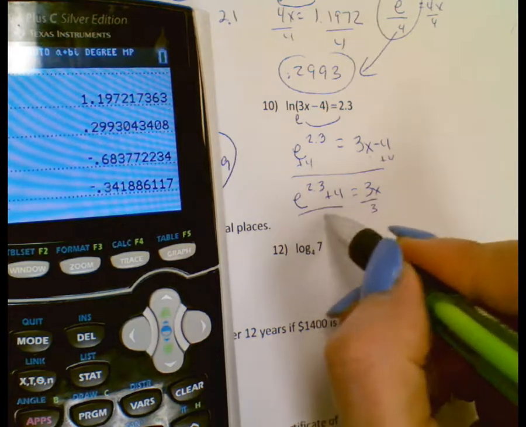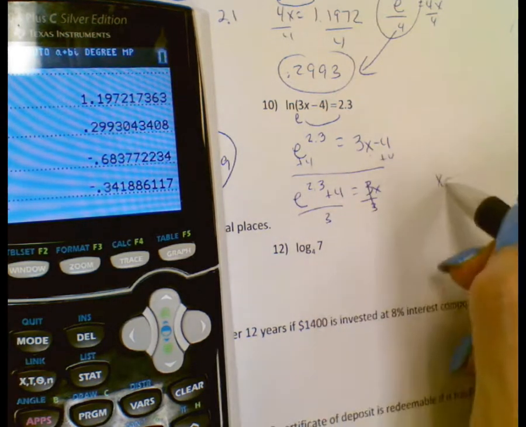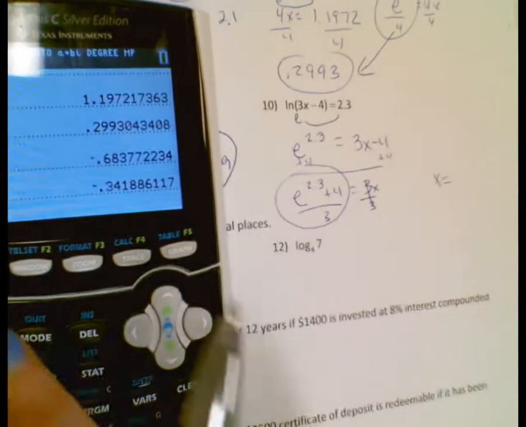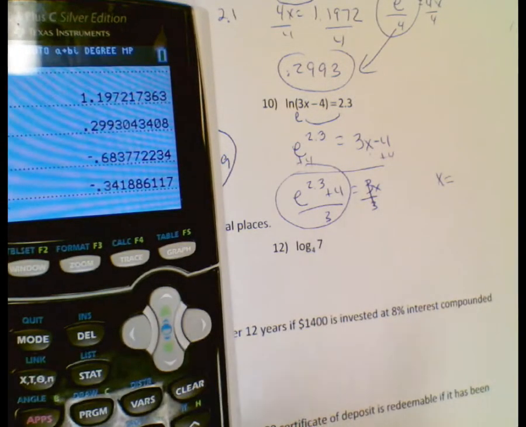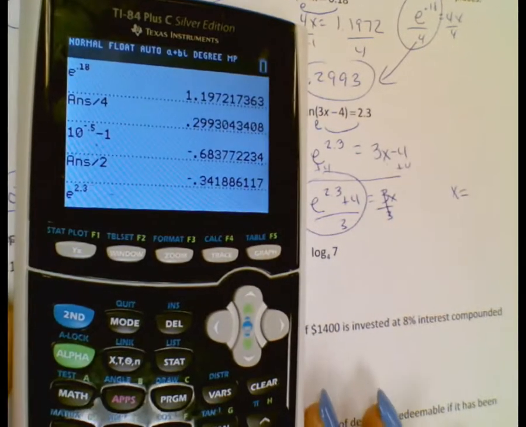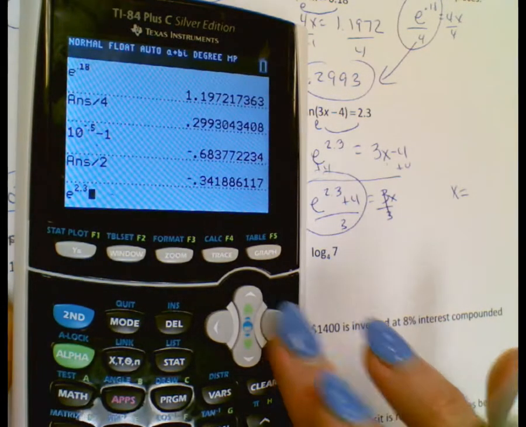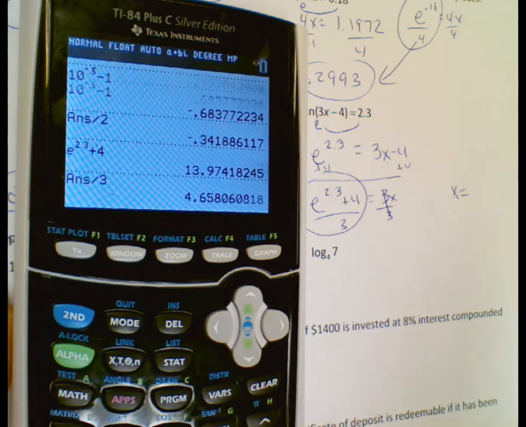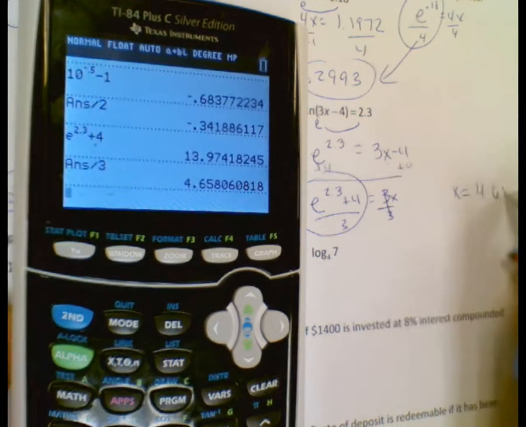And then you're going to divide everything by 3, and you're going to get x equals, and this is what you're punching into the calculator. So to punch that in the calculator, press second division to get the e, raise to the 2.3, right arrow to get out of that exponent, plus 4 equals divided by 3. The answer is 4.6581.